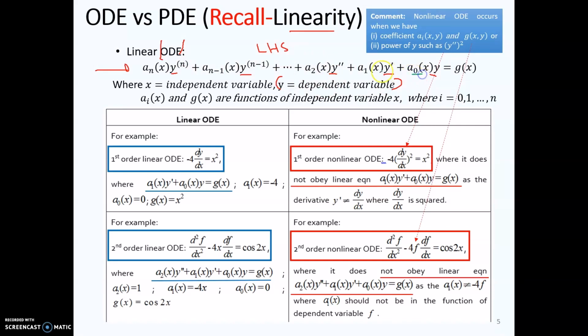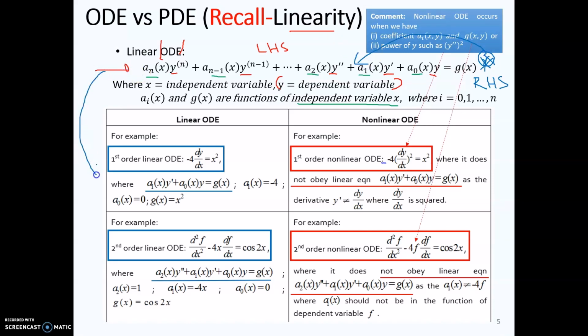Then the coefficients a1 to an must be functions of the independent variable x. On the right hand side, you have the coefficient without the dependent variable. So you see y is missing here. We arrange all the dependent variables on the left hand side here.